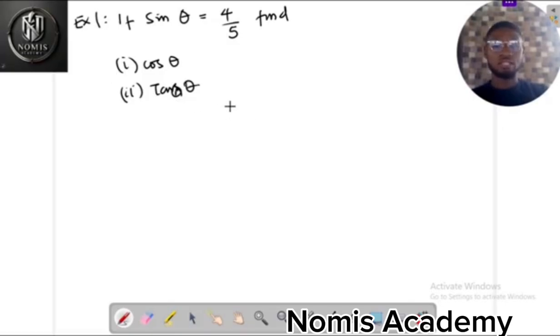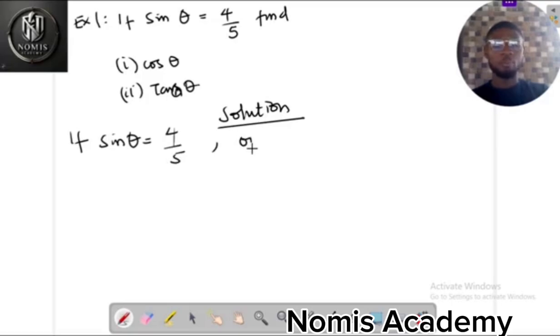So let's start from the solution. If sine theta is equal to 4 over 5, that tells us that the opposite of that triangle is equal to 4 and the hypotenuse is equal to 5.